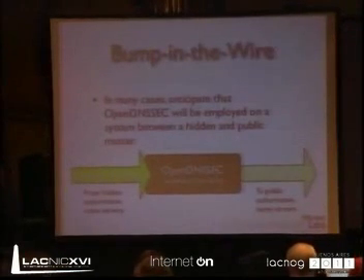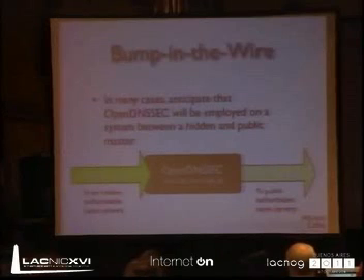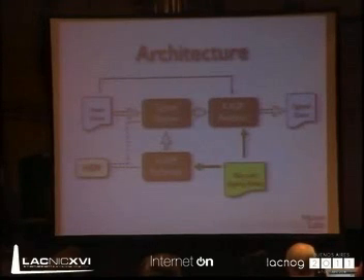OpenDNSSEC is put in between, and signed zones come out at the other side and are put on the real master server. So whatever you did on your provisioning system on this side doesn't need to change. You put in a new network element, shift your whole provisioning system a little bit to the back, put something in the middle, and let everything work and sign.